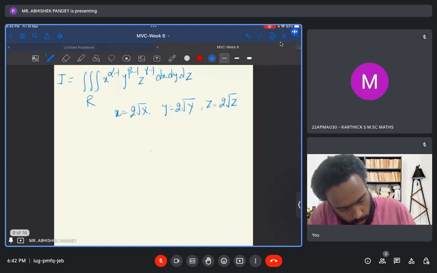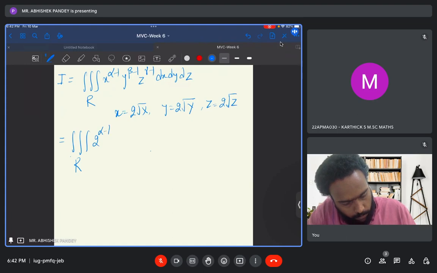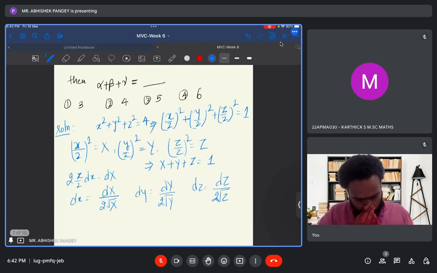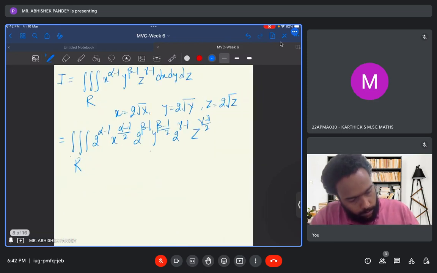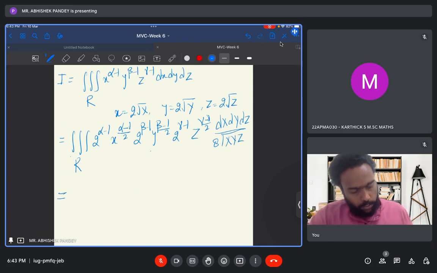So this you will get 2 to the power alpha minus 1, x to the power alpha minus 1 by 2, into 2 to the power beta minus 1, y to the power beta minus 1 by 2, and 2 to the power gamma minus 1, z to the power gamma minus 1 by 2, and dx dy dz is nothing but dx dy dz upon 8 root over xyz.